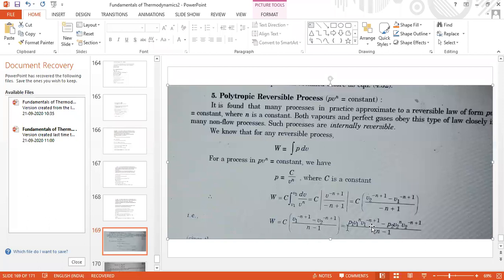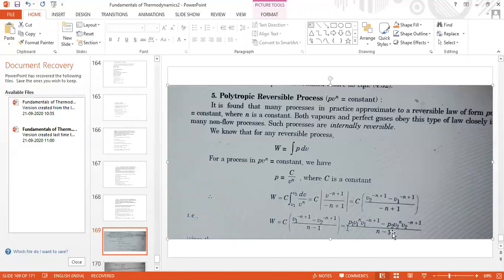Yes, n, sir. It will be P1 multiplied by V1 power n minus n plus 1. We are just adding this, and n gets cancelled, and only V1 is raised to power 1. So it will be P1 V1.